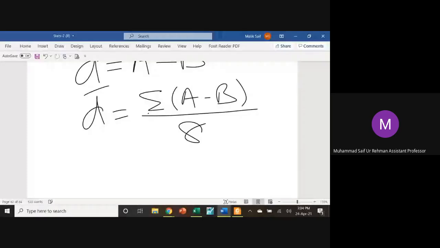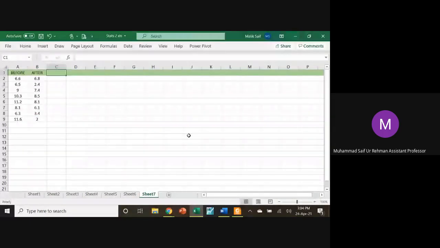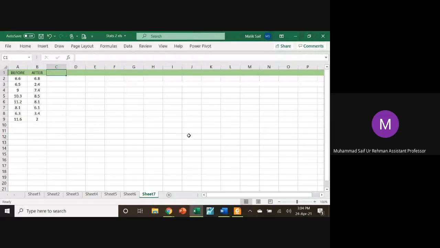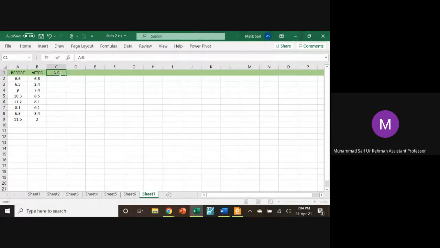So let us find D bar using Excel. Here you are interested in after minus before, after minus before. So you may write it down as A minus B, after minus before, equal to.